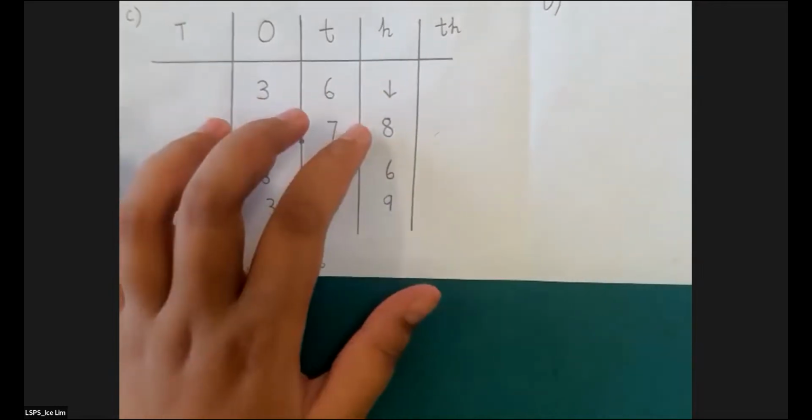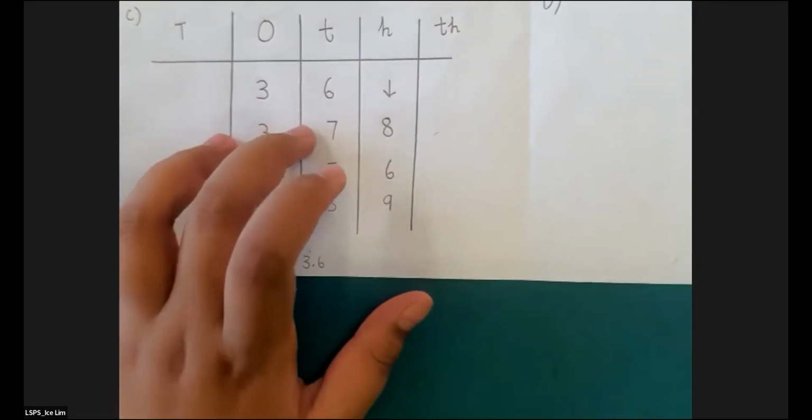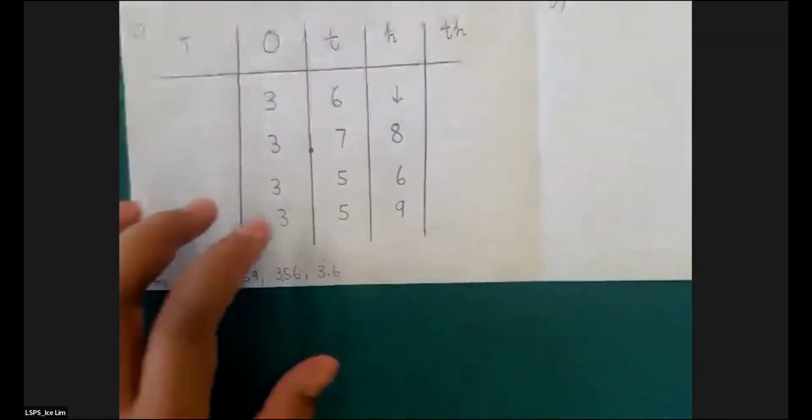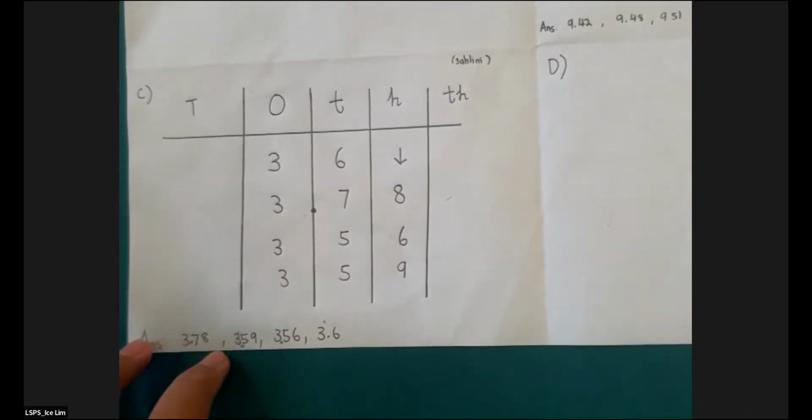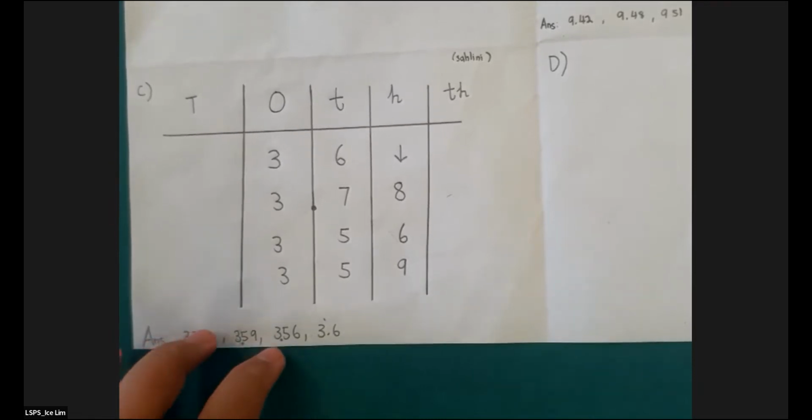So the first one is 4 tens. So 8 is 6. So as we go from the biggest to the smallest, the answers are 3.78, 3.59, 3.56, and 3.6.